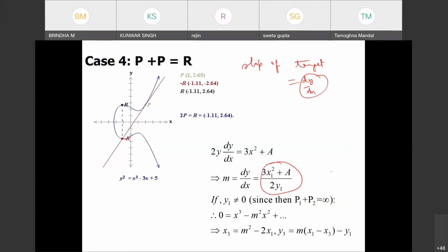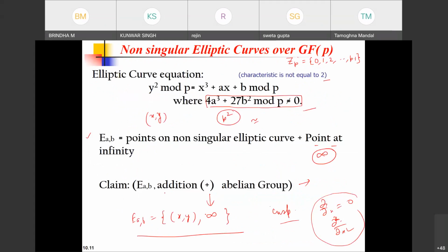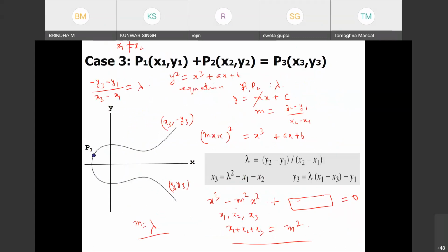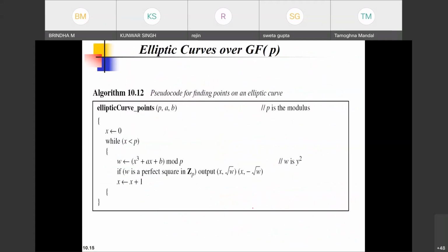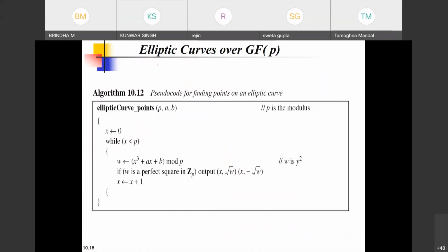Now, clear? So now what we have to show is that the set of points E_AB, with the addition operation defined in these ways, forms an abelian group.